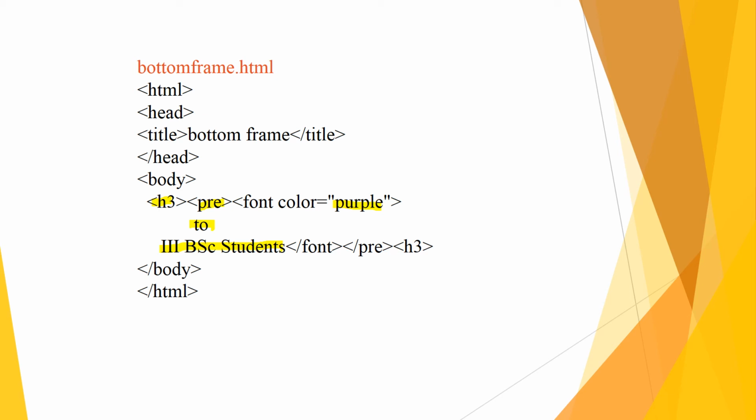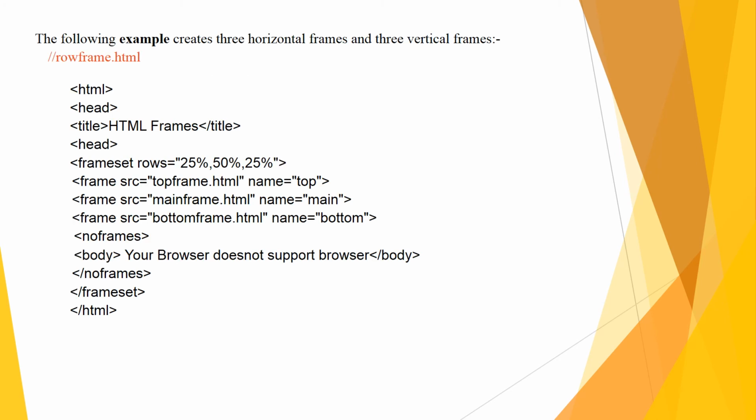Let us see the example. I am using these three documents to display them as horizontal frames. I have used the rows attribute. The rows attribute is used to display the frames in a horizontal way.